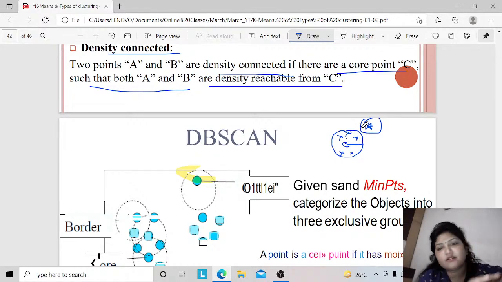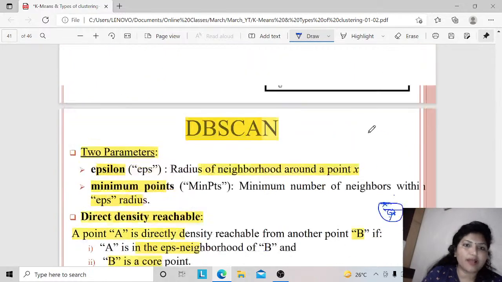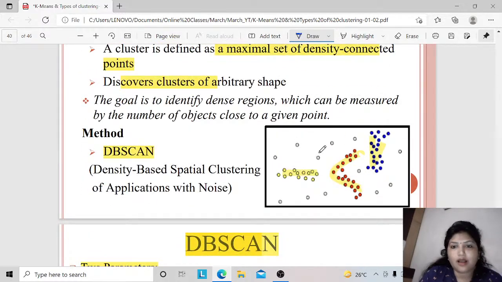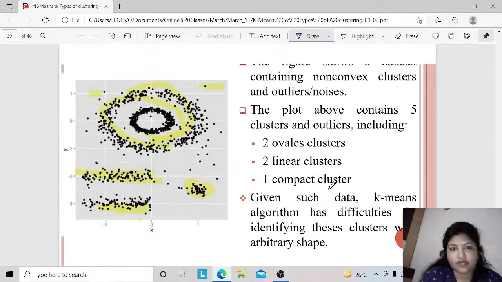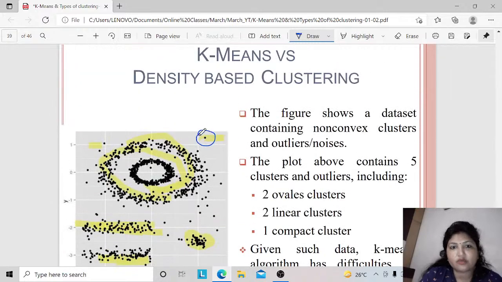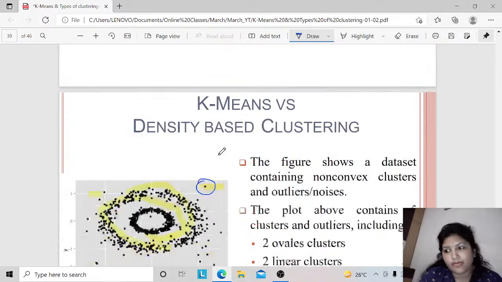So here DBSCAN is meant for dealing with noisy data points. If you have noise or outliers in your data set, DBSCAN is the best clustering technique to use, and it is efficient also, as it is going to handle the outliers from your data set.